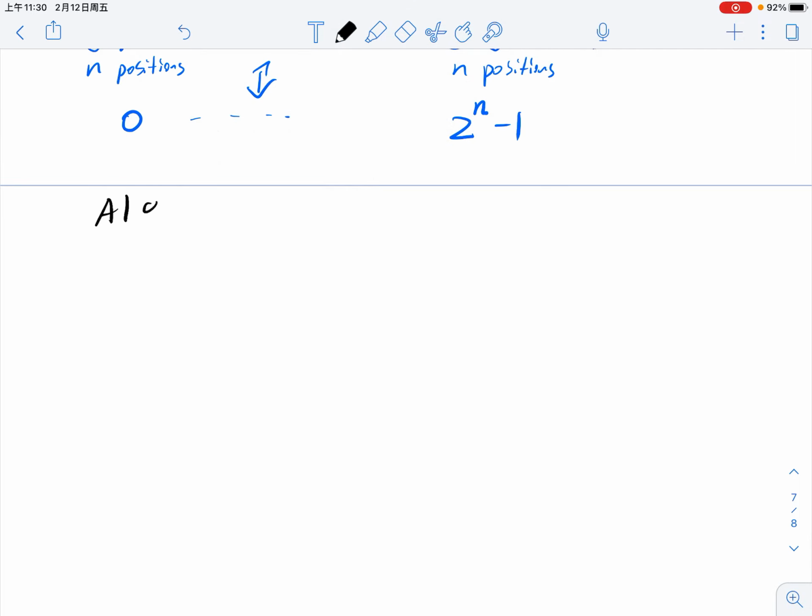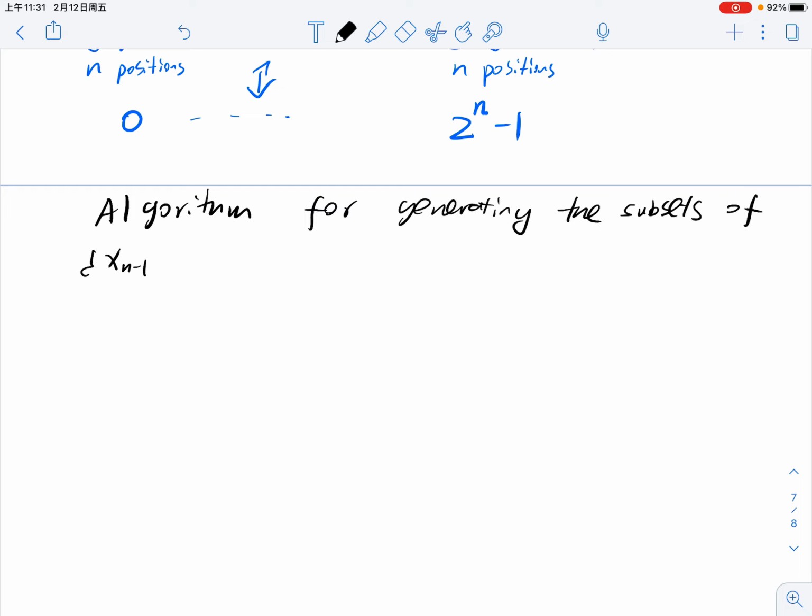Okay, then we have the following algorithm for generating the subsets of {x_{n-1}, x_{n-2}, ..., x_1, x_0}. Notice that here we use some different notation.